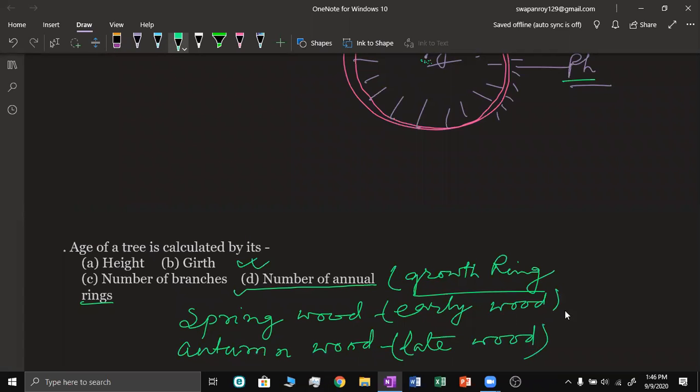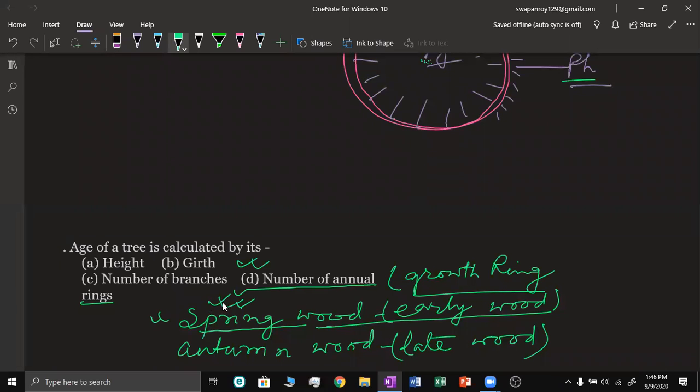What actually happens is that during the early stage of the growth, spring season is the most favorable season for growth and development.